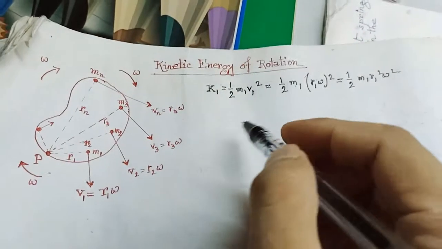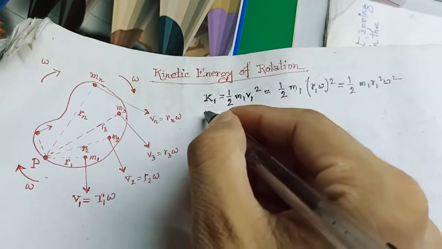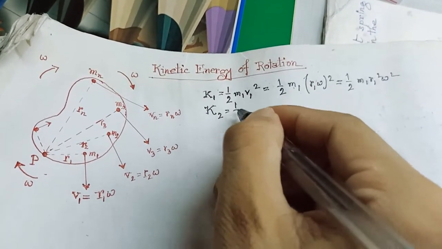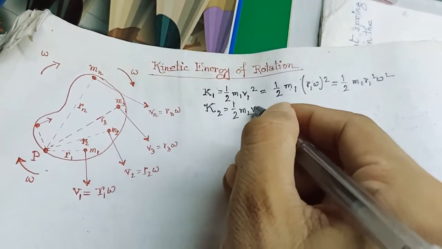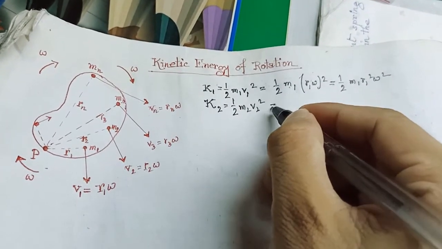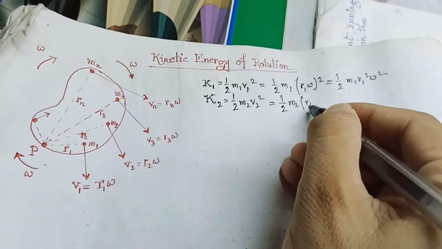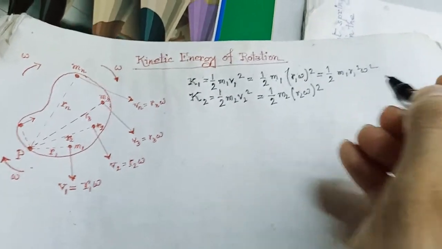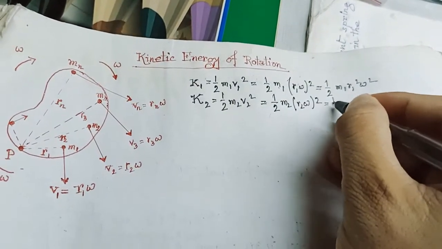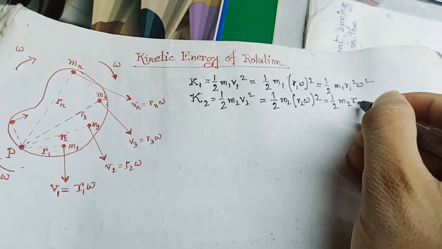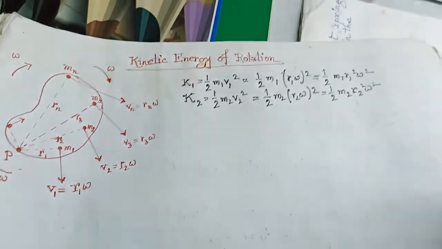Similarly, the kinetic energy k2 of the particle of mass m2 will be half m2 v2 square, which is equal to half m2 r2 omega whole square, which will be equal to half m2 r2 square omega square.